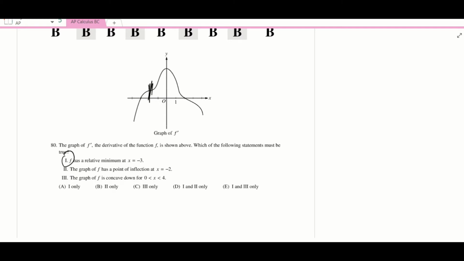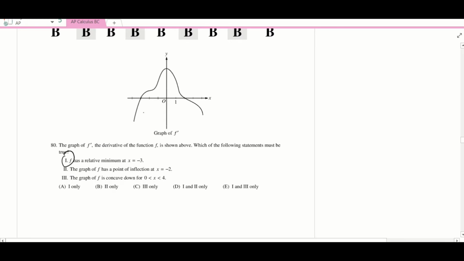If we take a look here, the derivative of the graph is 0, but the derivative of the graph stays positive, right?